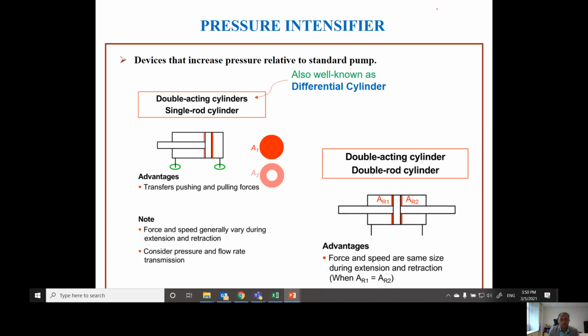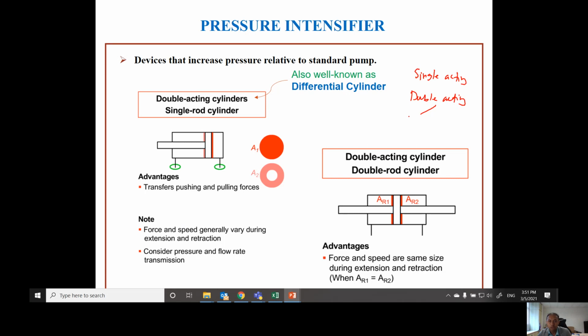So when we are talking about the pressure intensifier, the main component involved is actually the double acting cylinder. If we want to recall back to the chapter when you learned about cylinders, we have 2 types of cylinder, right? First we have single acting, and then you have double acting.